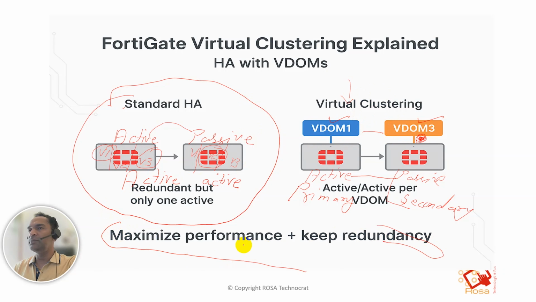How? Both devices will be in primary-secondary mode, but performance is maximized by having different VDOMs active on the different devices. Now it is clear what we mean by maximizing performance plus keeping redundancy.